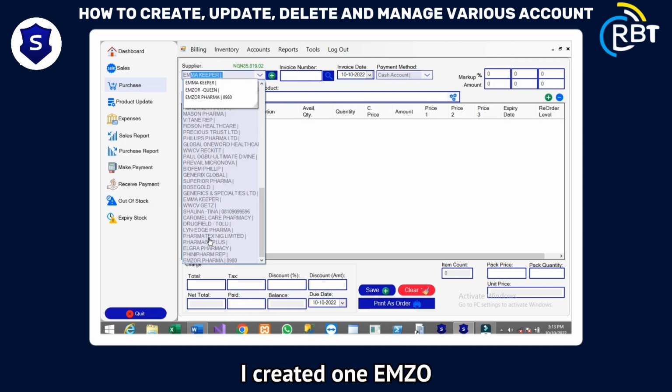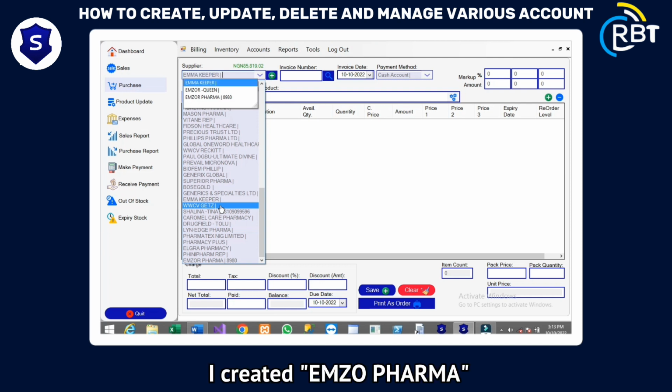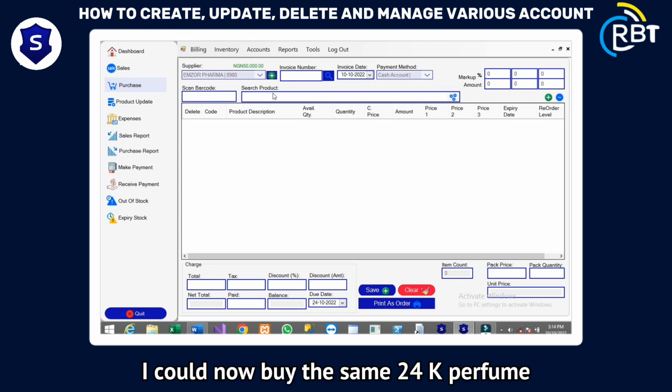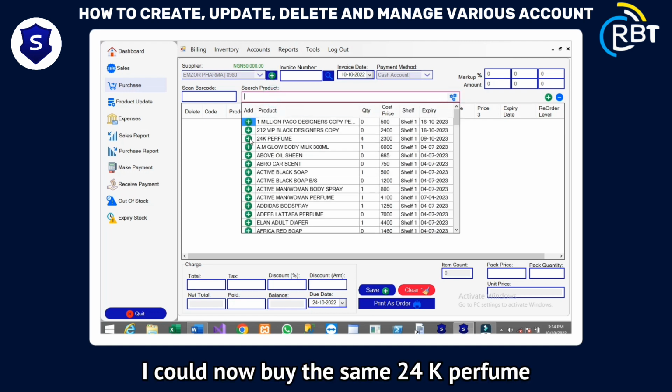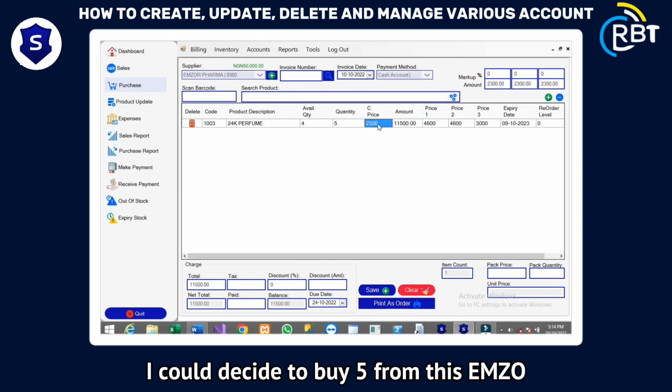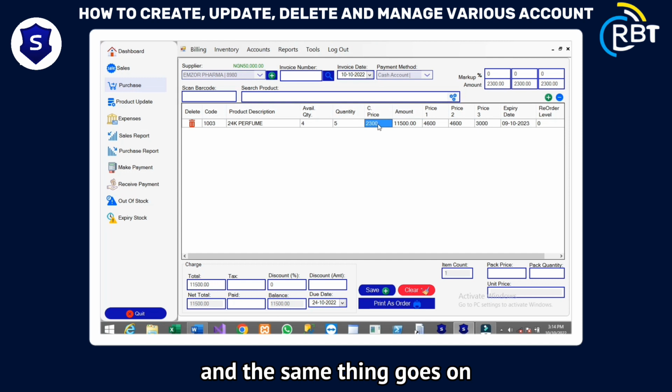This is the particular Emzo I created, Emzo Pharma. And remember when I created it, I said I'm owing Emzo 50,000, so you can see I'm owing Emzo 50,000. So I could now buy this same 24k perfume. The cost price is 2,300. I could decide to buy 5 from Emzo, and the same thing goes on.